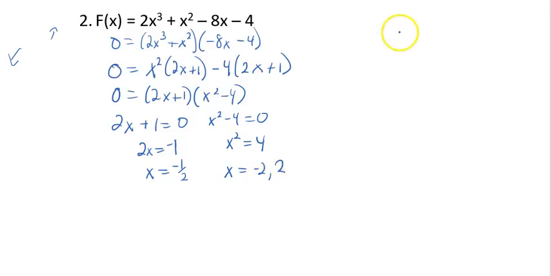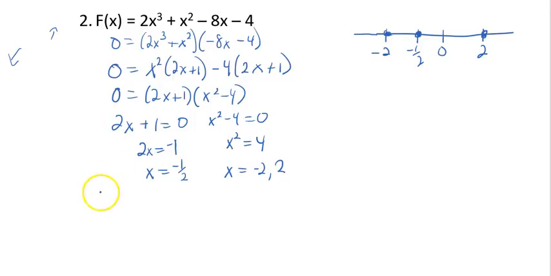And so if I do a number line, my zeros should be -1/2 and -2 and +2. Again, this is not my final graph, so I'm just showing the 3 sections here.